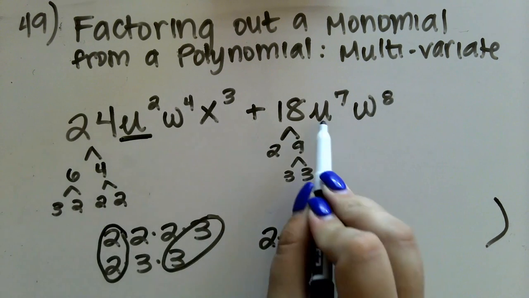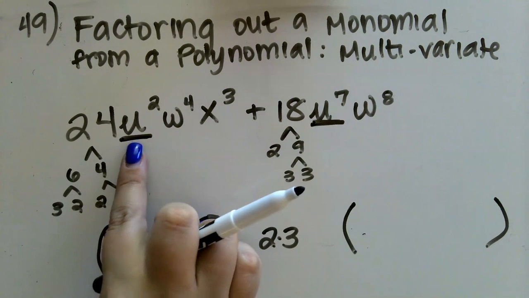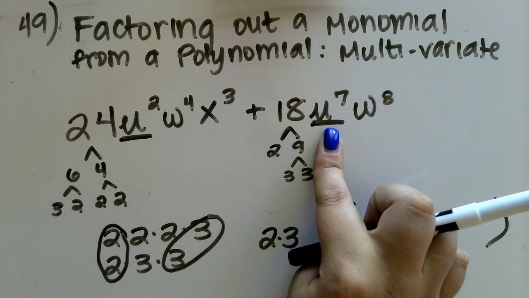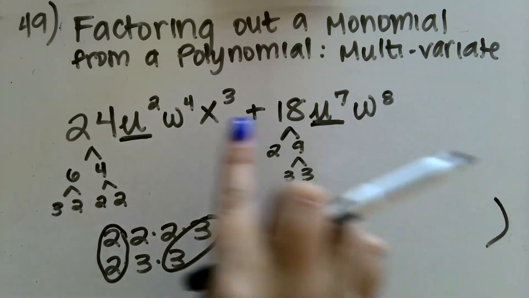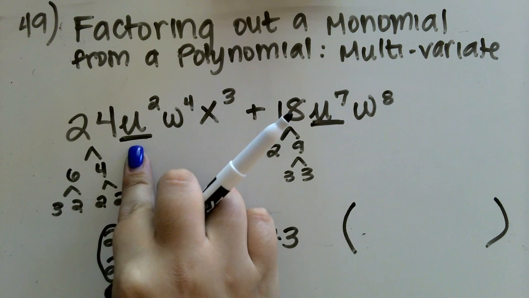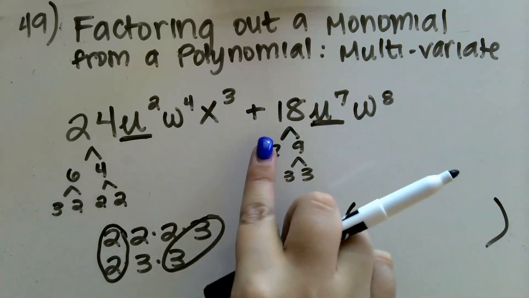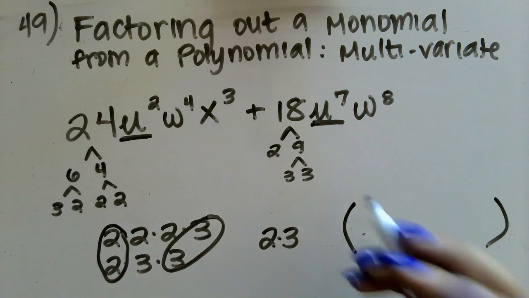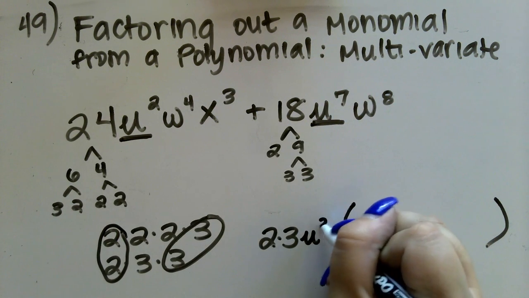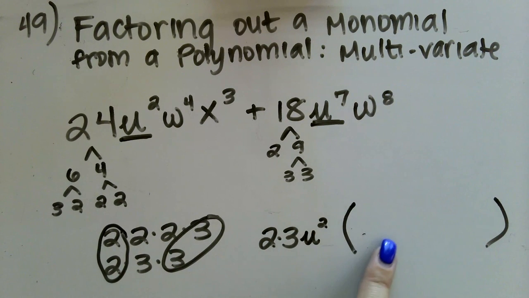Looking just at our u's, the first term here has 2 u's, and our second one has 7. So the maximum number of u's that we can pull out of both terms is 2. U to the second. Now that means that there's going to be no u's left over here, but we'll talk about that in a second.